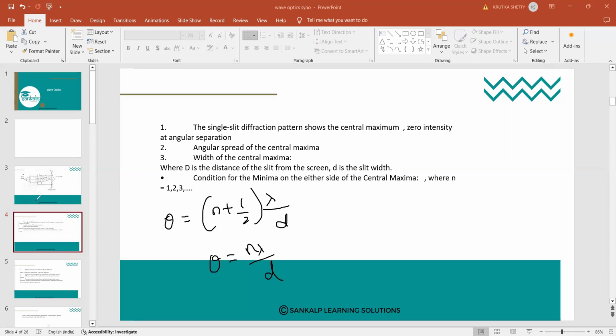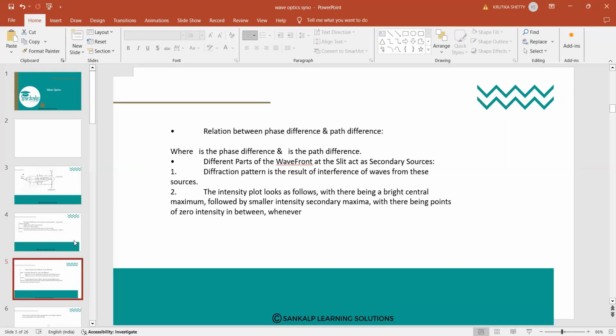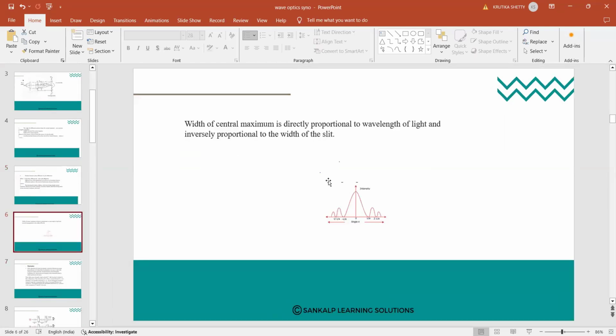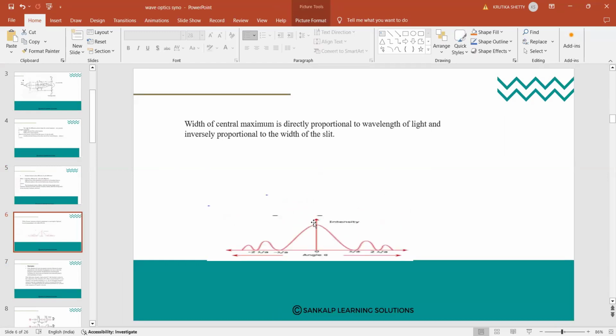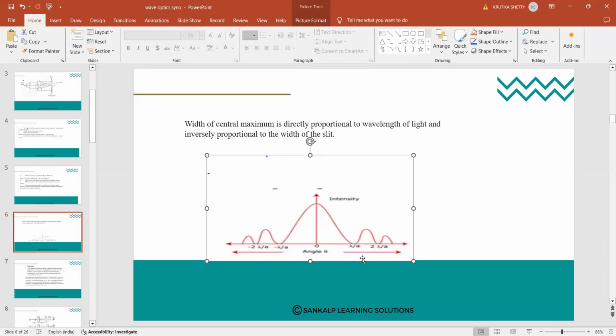So the next point. Yesterday we have seen the phase difference and the path difference. Here we again have the diagram representing the diffraction pattern.